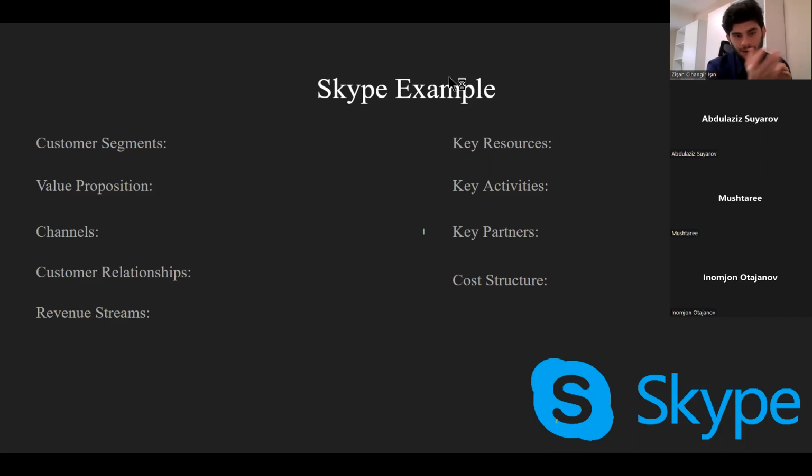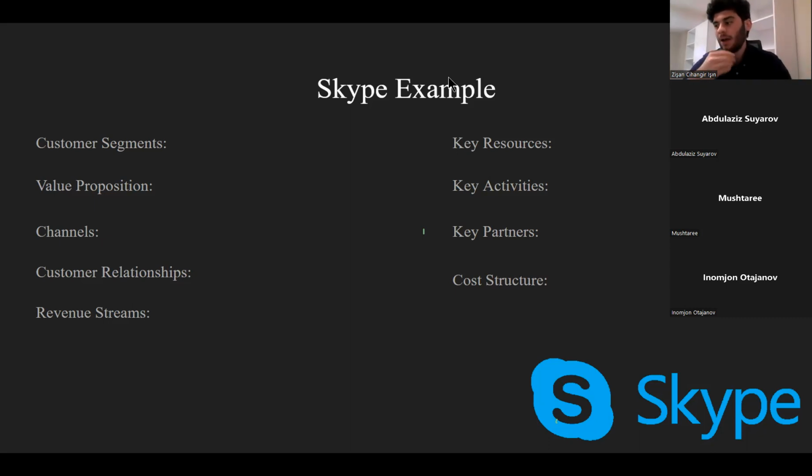Yes, Mr. Abdulaziz, that is very true. Skype has advertisements and it has a subscription package that people could pay money to speak for longer amounts of time and to not see the advertisements. This is Skype's main revenue streams.